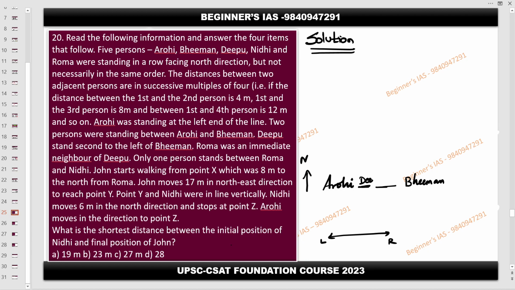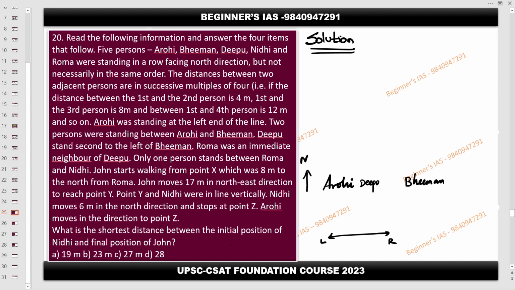So here I am taking Deepu. Then Roma was an immediate neighbor of Deepu, which means either left or right.